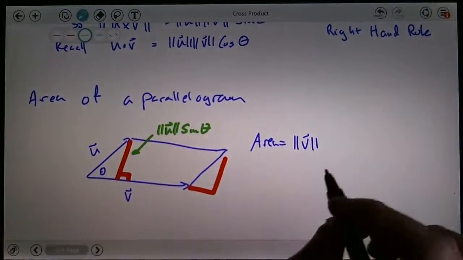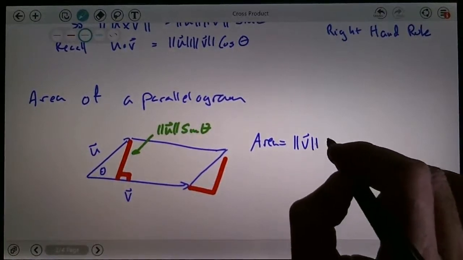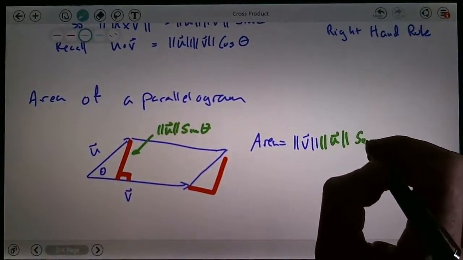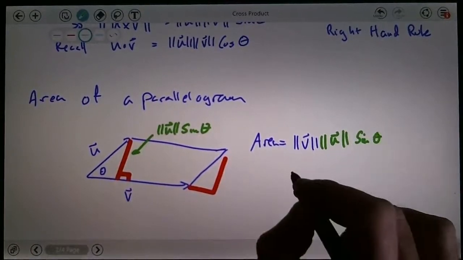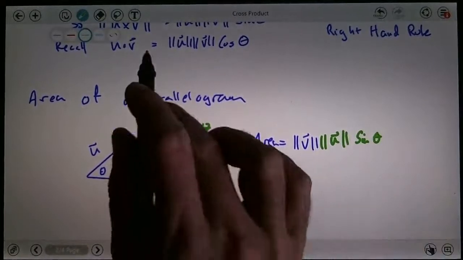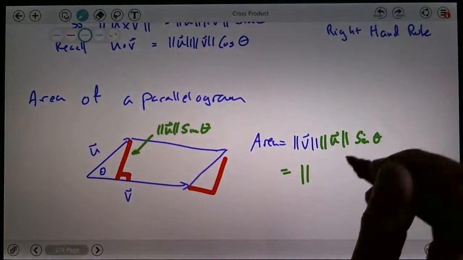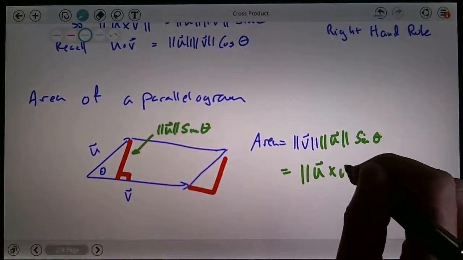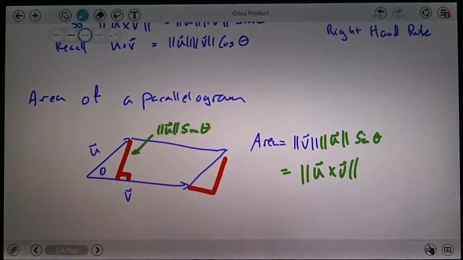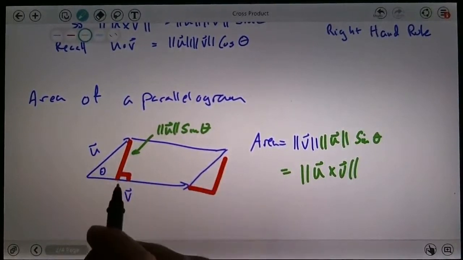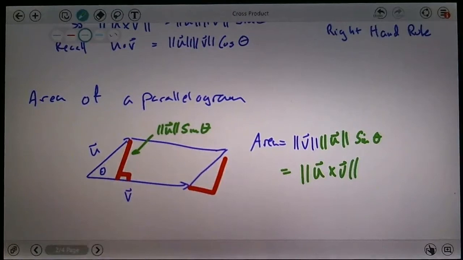Finding the opposite side. So area is the length of v times the length of u times the sine of the angle, which is what we just calculated up here, the length of the cross product. So the length of the cross product is the area of the parallelogram determined by those two vectors.